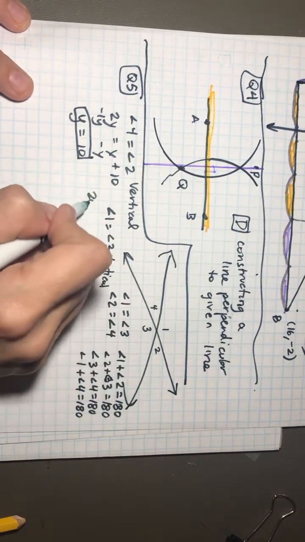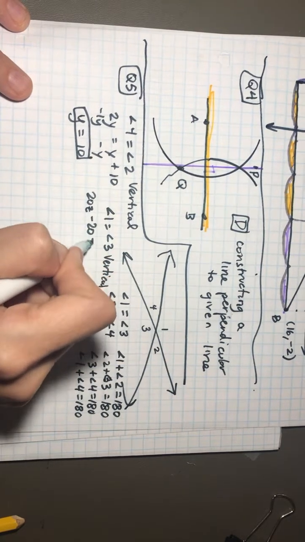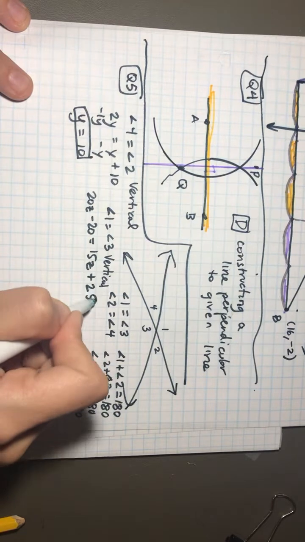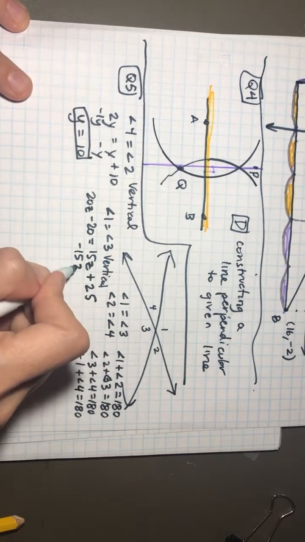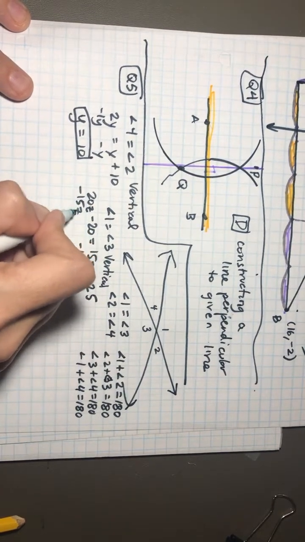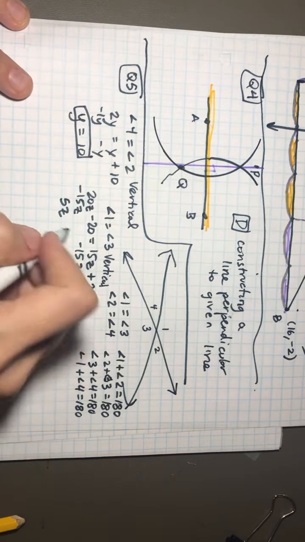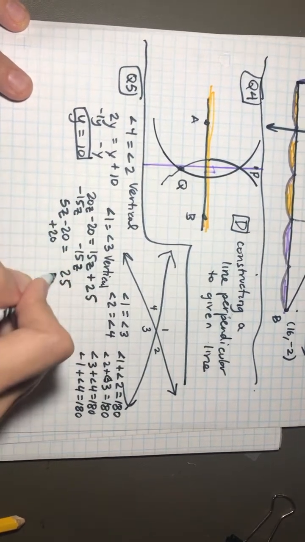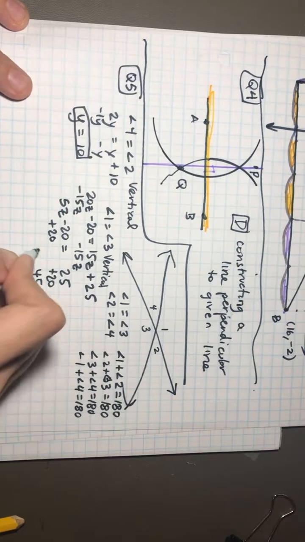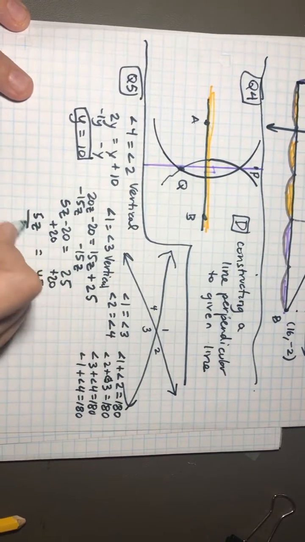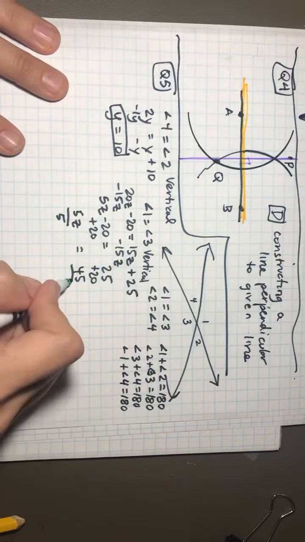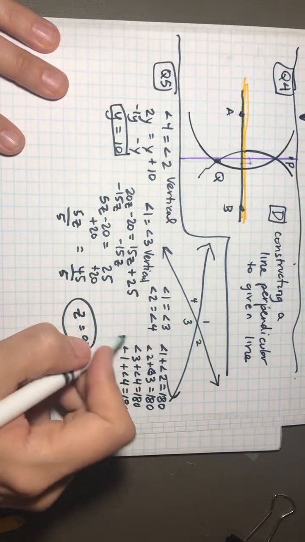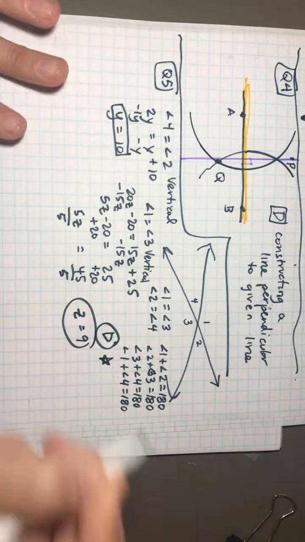So using substitution, 20z minus 20 should equal 15z plus 25. So when I get z's all on one side, z is equal to 9. That's choice D. Check out the next video.